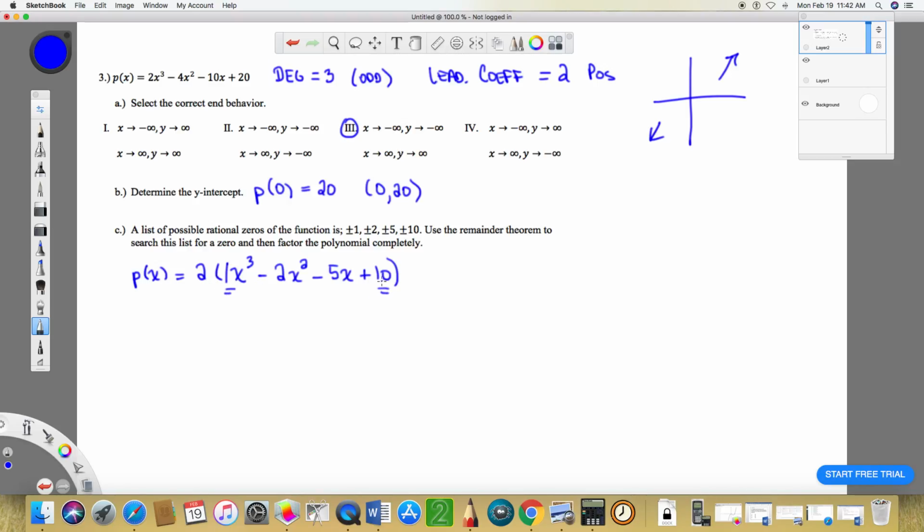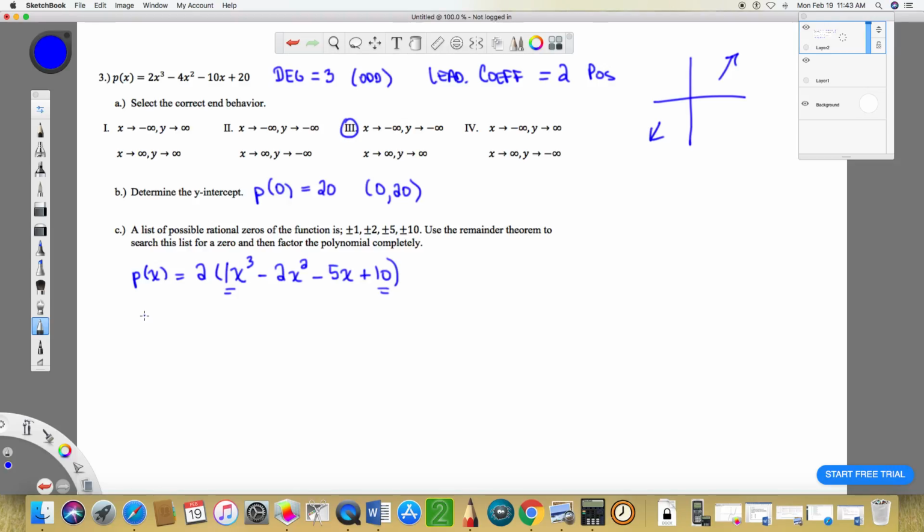So the factors of 10 being plus or minus 1, plus or minus 2, plus or minus 5, plus or minus 10. If you didn't notice that this greatest common factor was 2, you're going to have a much longer list, and it's possible that it could take you a little bit longer to go through that list to find the zeros of the function.